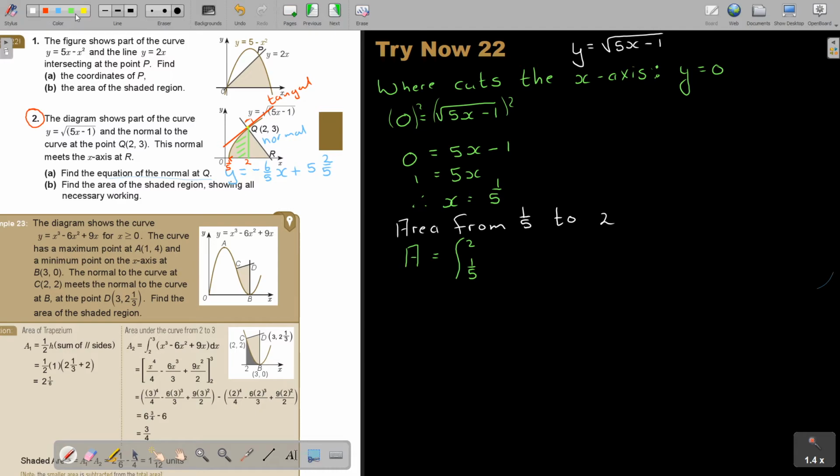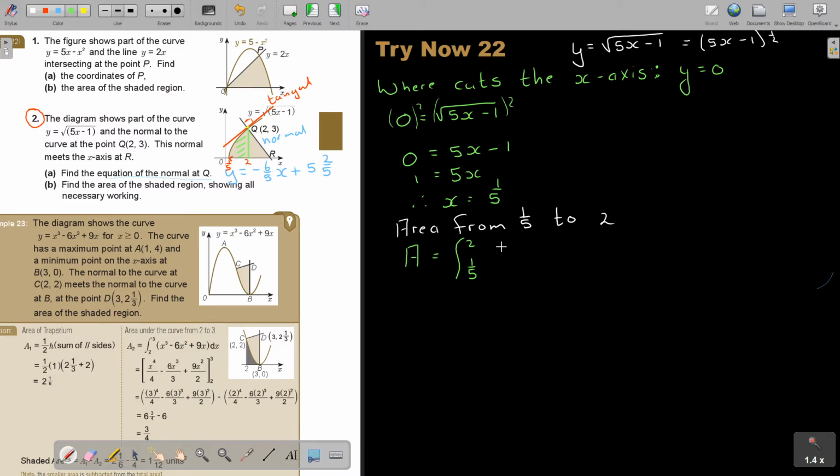So basically, I'm correcting myself, that is going to be 5x minus 1 to the power of a half. Work with that, not in the root.